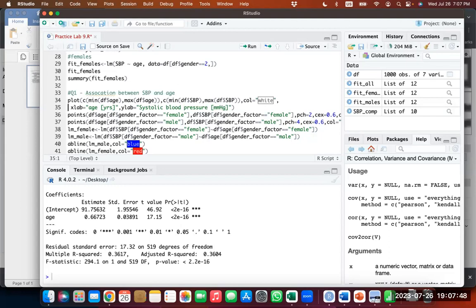Why did I do that? Basically with lines 34 to 35, you're creating the framework of that plot. You're creating the canvas on which you're going to draw your plots in a bit. So you're saying here, I want a plot spanning over 4 different values: the minimum of age and the maximum of age on x, and then another c, the minimum of SBP and the maximum of SBP on y. So you create those boundaries.